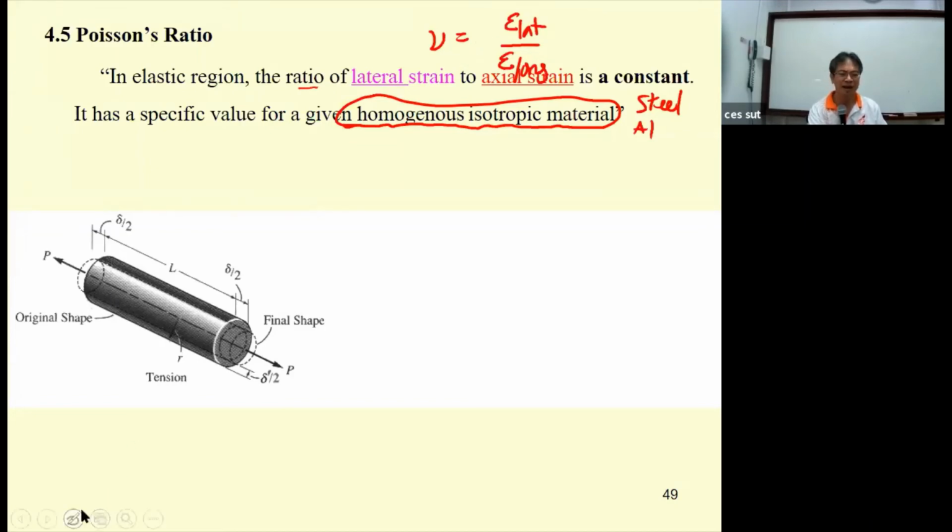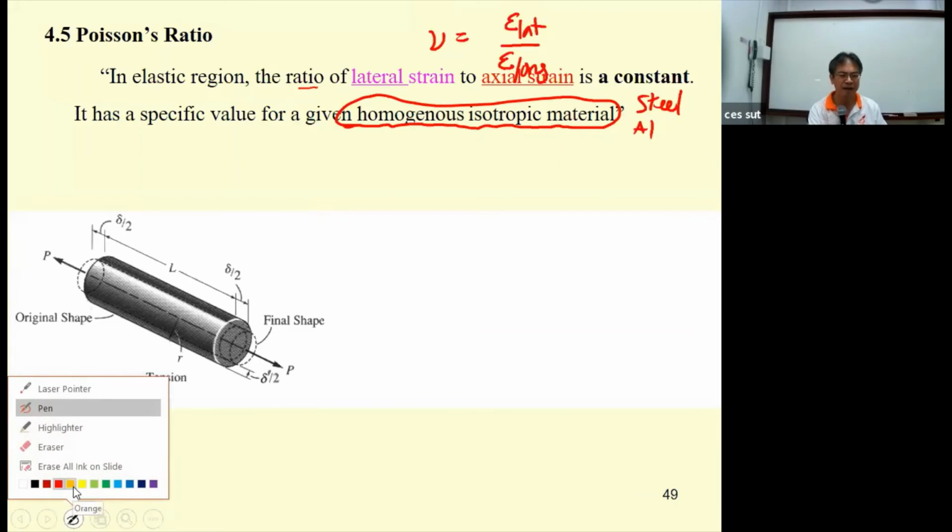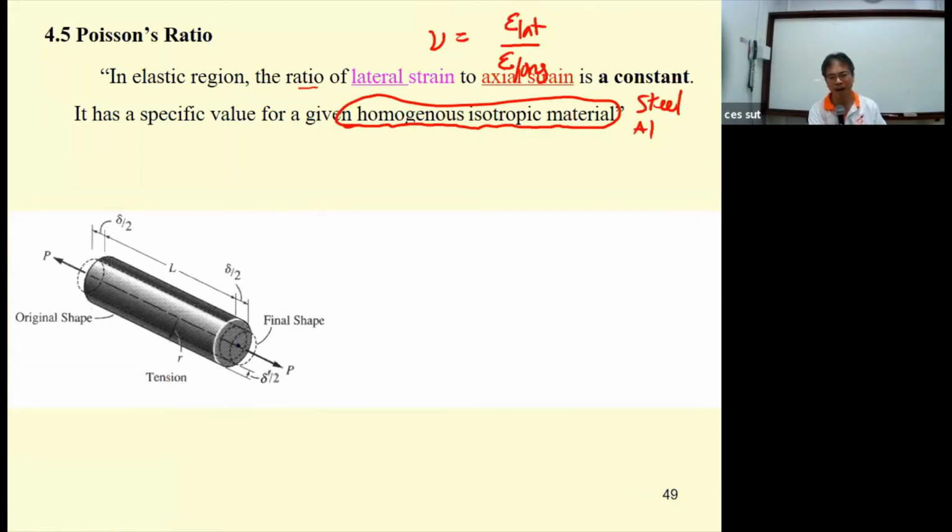And considering the behavior of this material, if it's in tension, it will elongate in this direction. So the strain in the elongation is going to be positive. However, this portion is going to get the contraction, so the lateral strain gets a negative value.